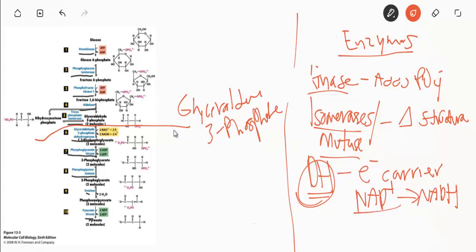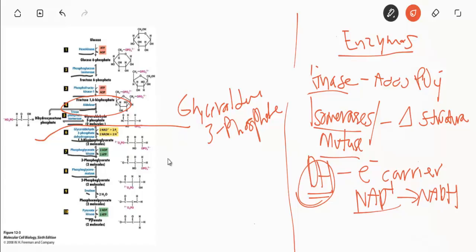So we went from the fructose 1,6-bisphosphate here, and through that aldolase enzyme, basically what that did is it broke up the 6-carbon molecule into 2 3-carbon molecules. That's why it's glyceraldehyde 3-phosphate. The 3 doesn't denote that there's 3 carbons. It's just the glyceraldehyde is the actual 3-carbon molecule. The 3 notates the position of the phosphate group, so it's going to be on carbon number 3.